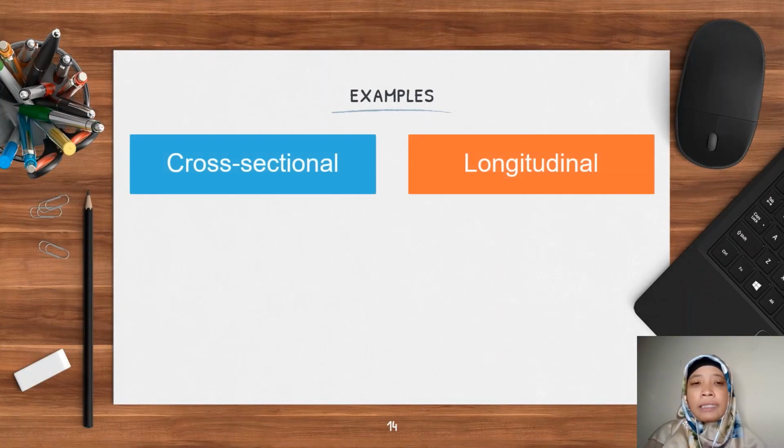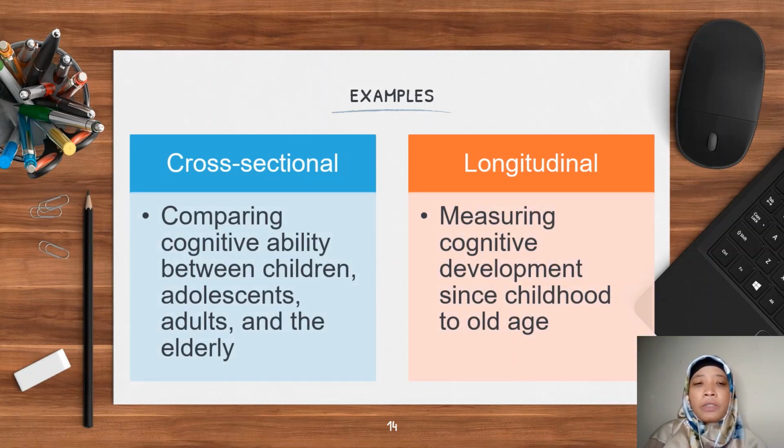So this is an example of cross-sectional and longitudinal study. For the cross-sectional, you probably want to compare cognitive ability between children, adolescents, adults, and the elderly right now, at the current time. But for the longitudinal, you will measure cognitive development from childhood to old age.